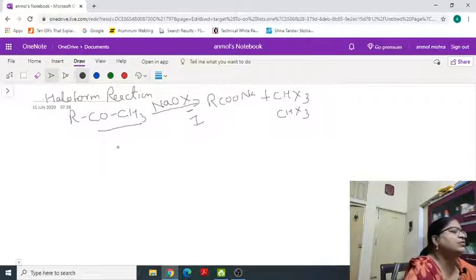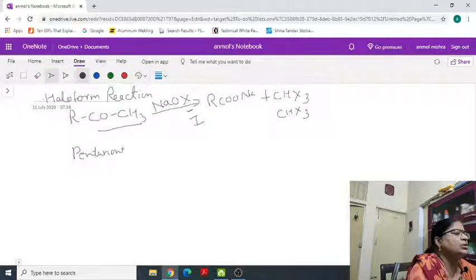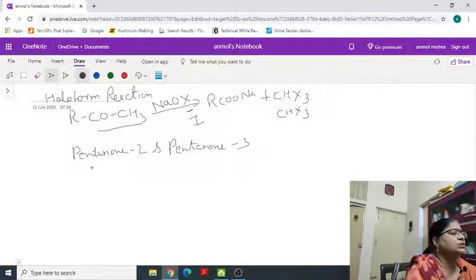For example, if we want to distinguish between pentanone-2 and pentanone-3. Pentanone-2 is CH3 CO CH2 CH2 CH3.